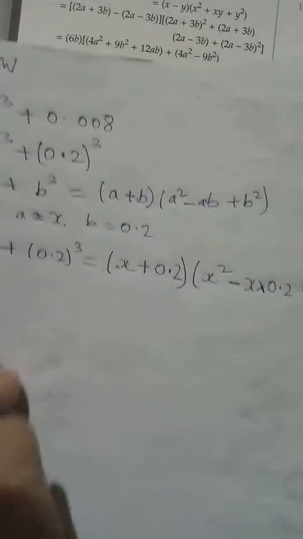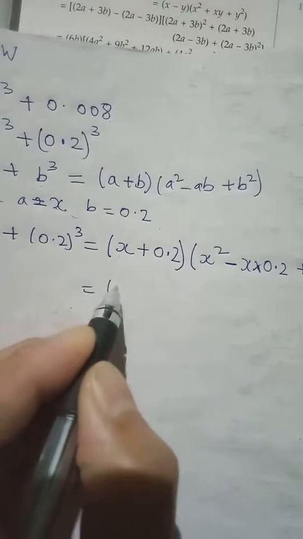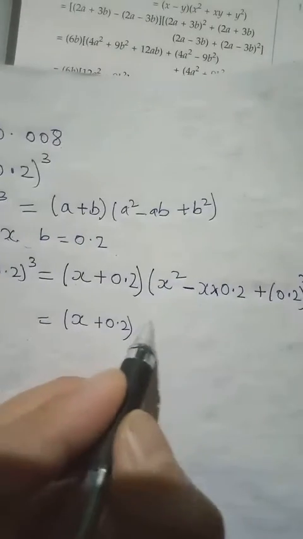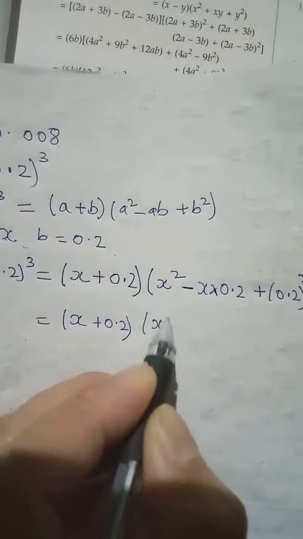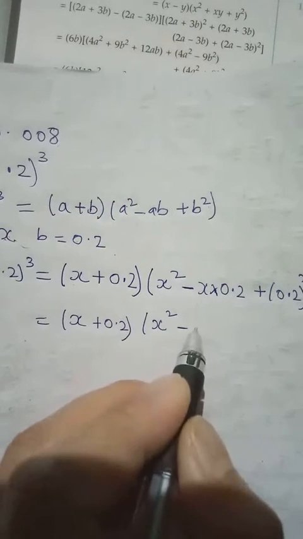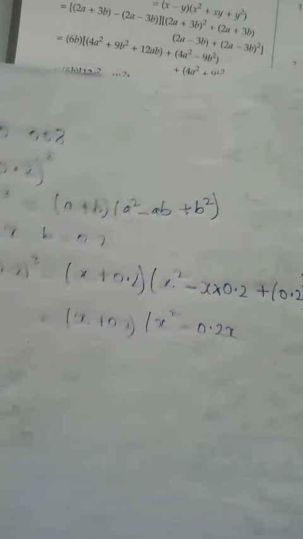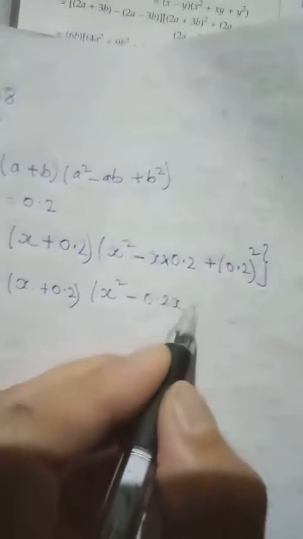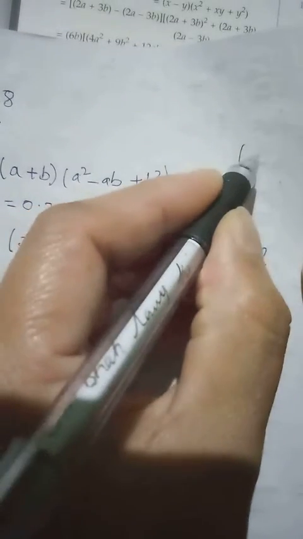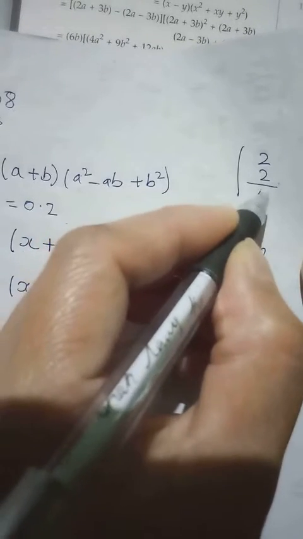So now let us see what we can do. Here we cannot do anything, so let it be like that. Then here x square also we cannot do anything, let it remain. 0.2 into x, we have alphabet and number, we cannot do anything, let it be like that. Then here we have 0.2 squared. This is a number we can multiply. 2 square, that means 2 into 2 we have 4.